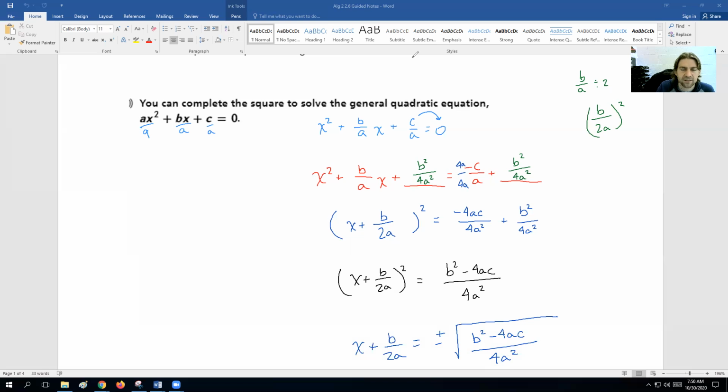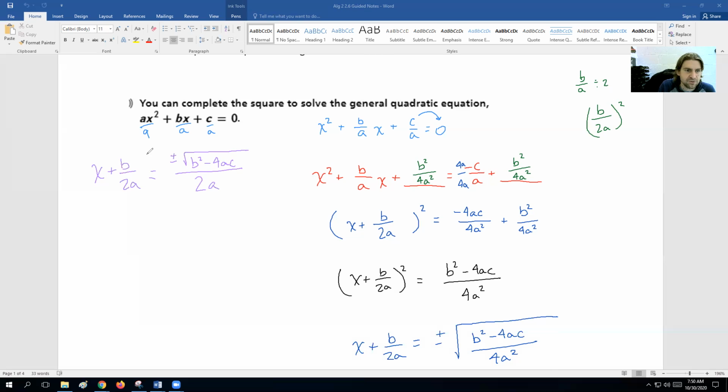When taking the square root of a fraction, I could take the square root of the top and the square root of the bottom. The square root of the top doesn't come out. It's just plus or minus the square root of b squared minus 4ac. But the bottom, 4a squared: the square root of 4 is 2, and the square root of a squared is a.